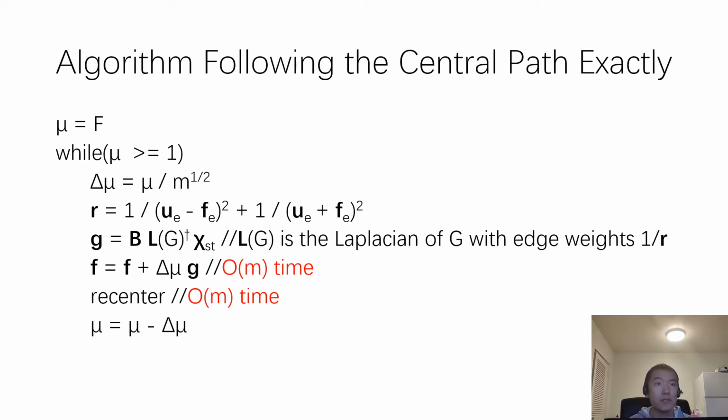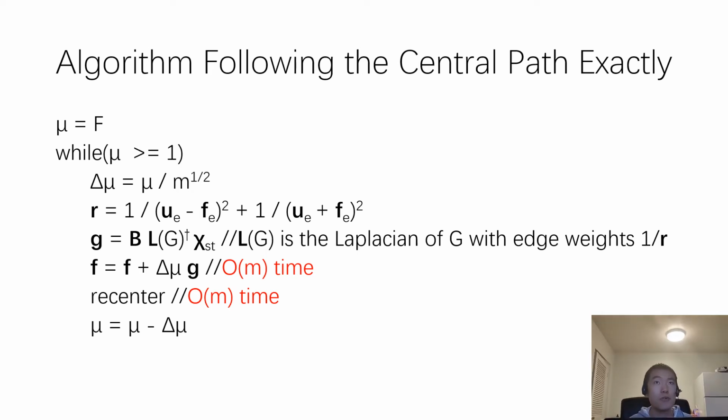It depends on the flow and capacity on the edges, and we calculate an electrical flow with respect to these resistances. And then the current flow is augmented by a small amount, delta mu, according to that electrical flow. So note that the electrical flow is just an approximation of the true step on the central path. So we still need this recenter step that brings the flow back to the central path. And here let's skip the details.